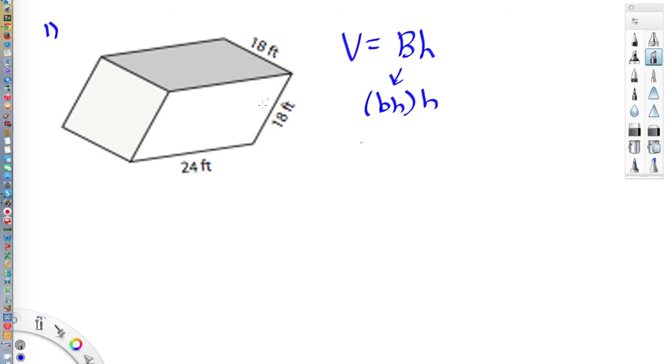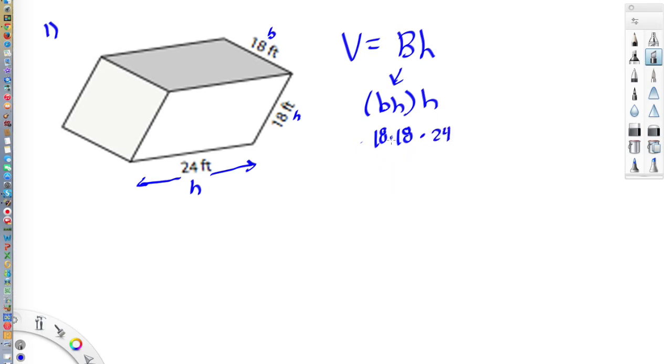The base and height of my base shape are 18, and the height of the prism is 24.